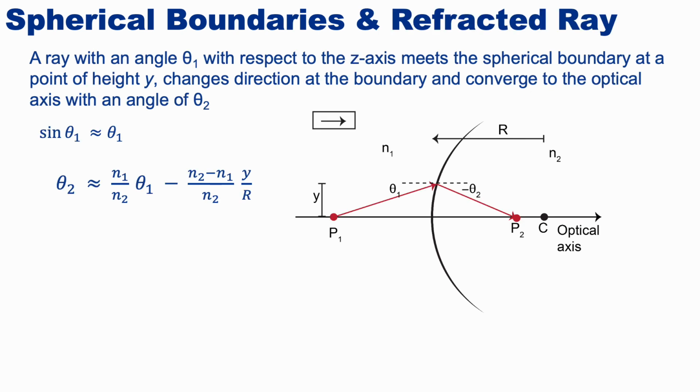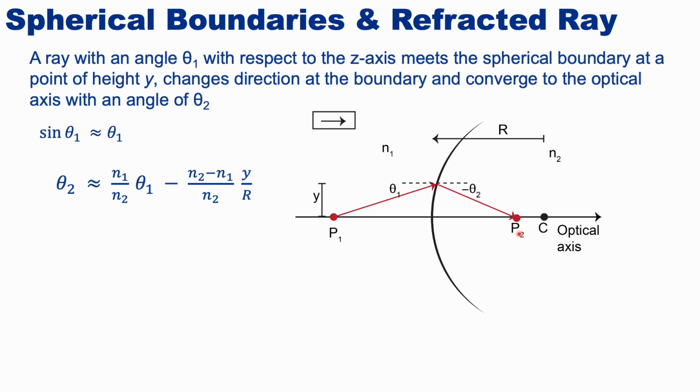So every time that we meet a boundary, we're going to have a beam emerging from an object point located on the optical axis, and it's going to meet the boundary as a straight ray with an angle θ1, at a height y. The ray is going to bend until it meets the optical axis at the point P2.